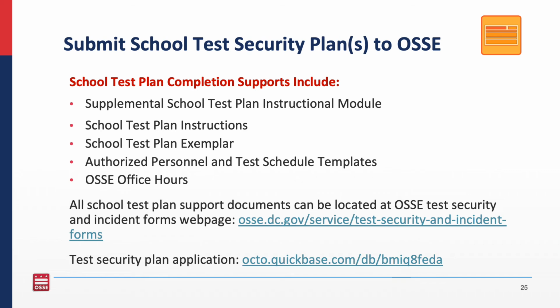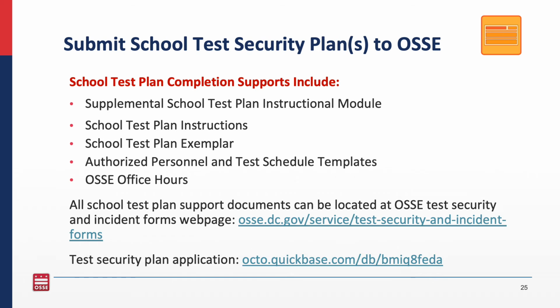We also have a school test plan instructional document, a school test plan exemplar, which gives responses for each of the questions that are asked in the test plan, an authorized personnel and test schedule template. We also will have office hours throughout the winter and early spring for LEAs and schools to seek individual support.